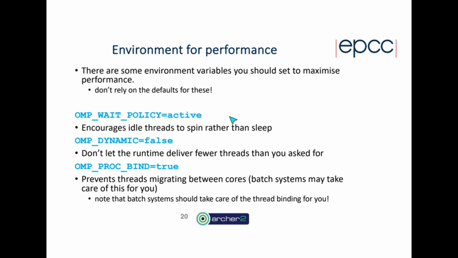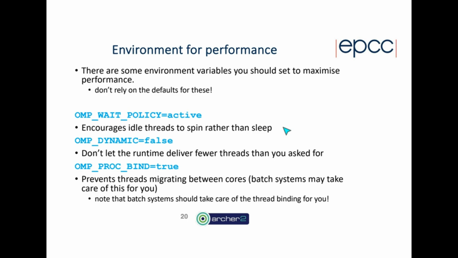The first one is OMP_WAIT_POLICY. Setting that to active will encourage your idle threads, so threads between parallel regions, or threads waiting at a barrier, or waiting to acquire a lock or enter a critical section, to spin rather than go to sleep.